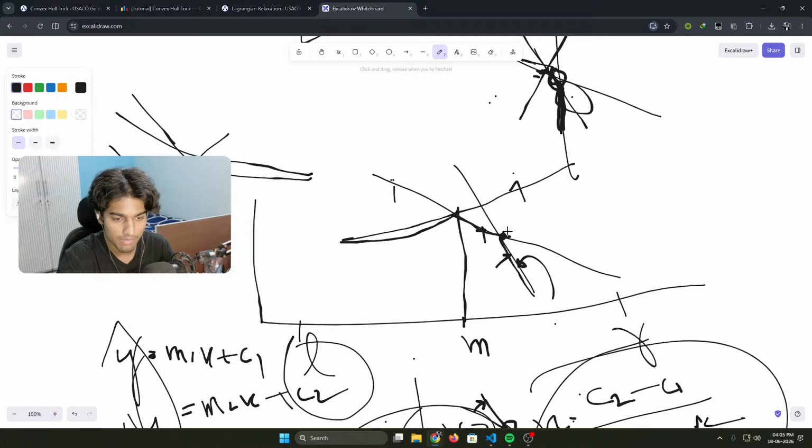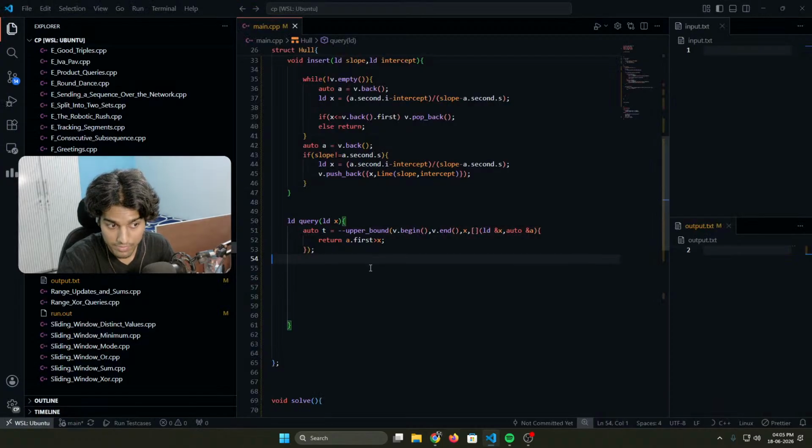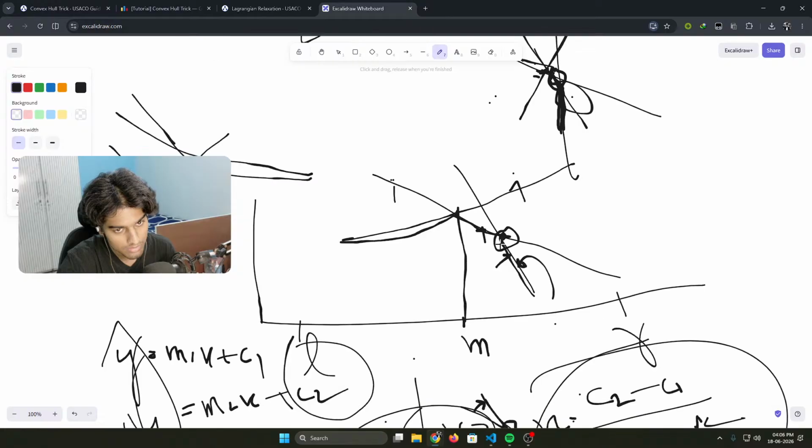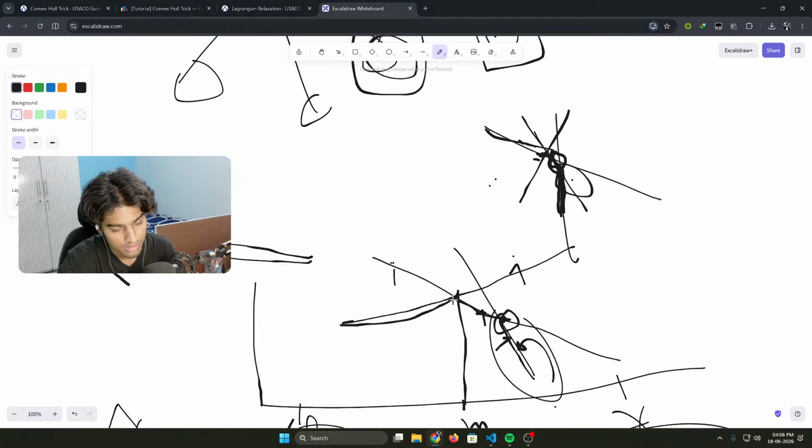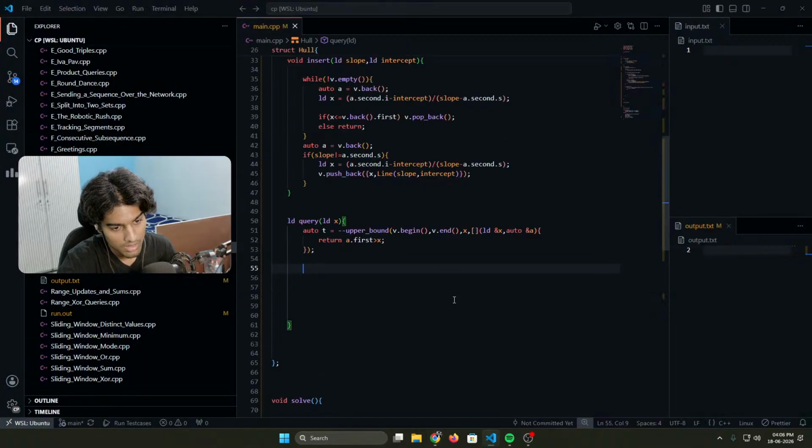Either this or that, because both are going to give the same answer. So this is fine. Anything else I can do? I don't think there is any edge case. So all I need is to return the answer.